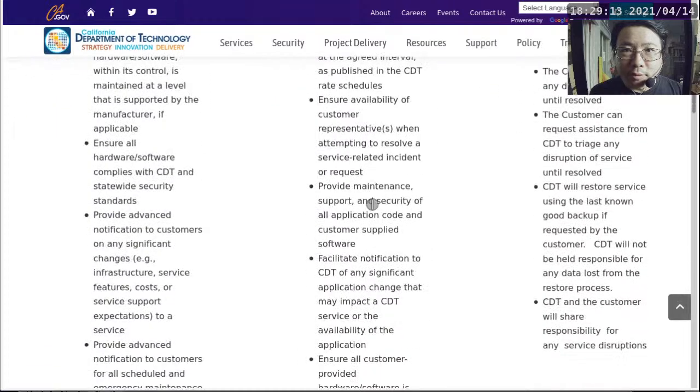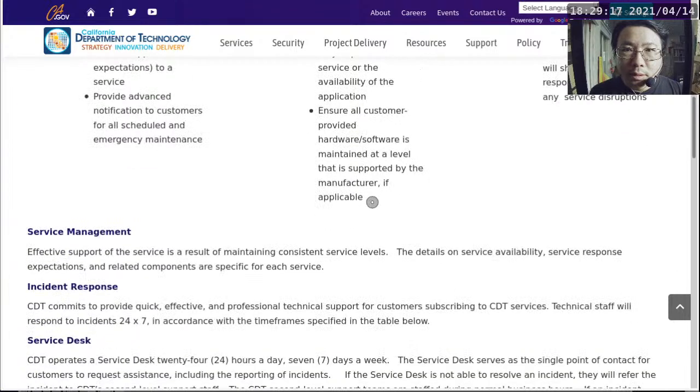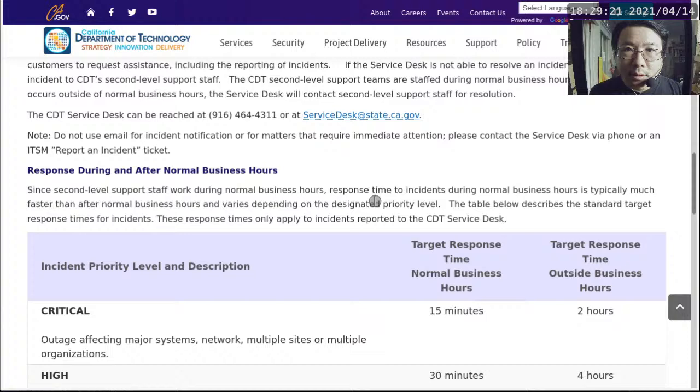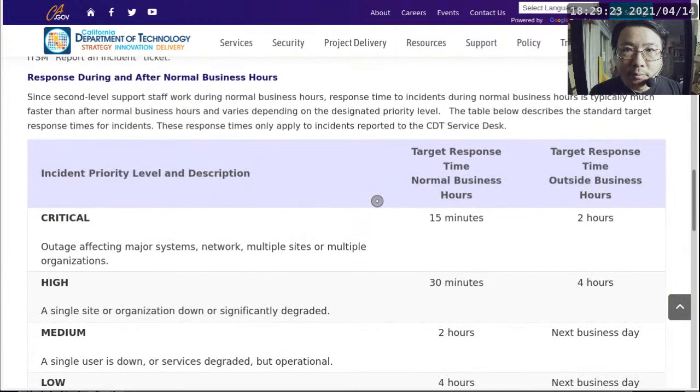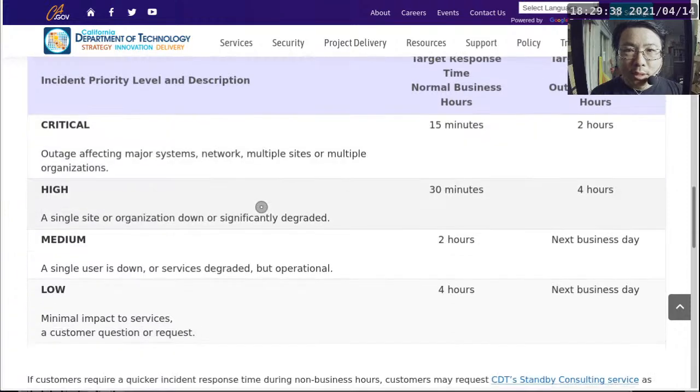I'm just browsing through really quickly. All right, so these are the priority level, but they talk about incident priority level. So they don't correspond to response time or velocity in this case.